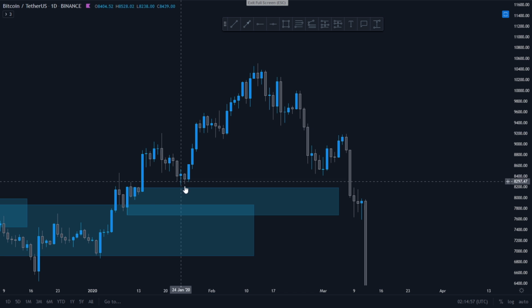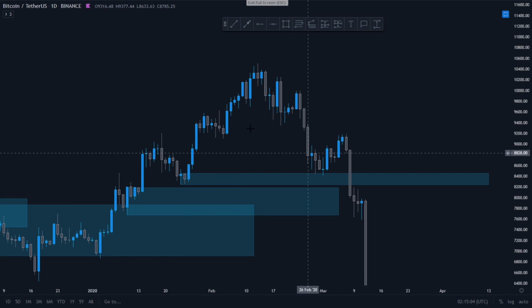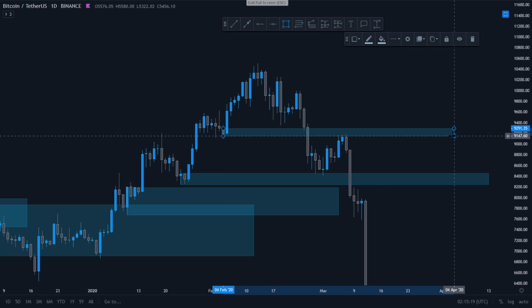We take this as a demand zone. Rally, base. So here is a small demand zone as well. You see, rally, base, rally, but price breaks through it. So let's take this one.